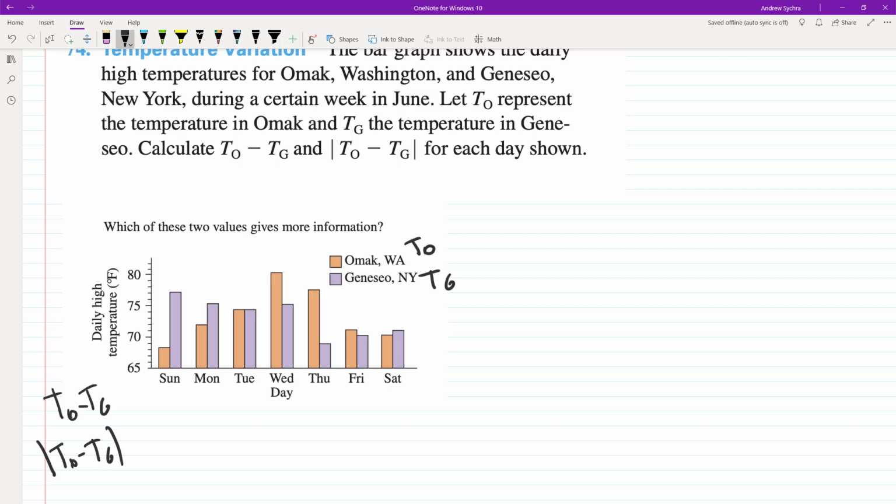So I can write on these. So that's just 0.